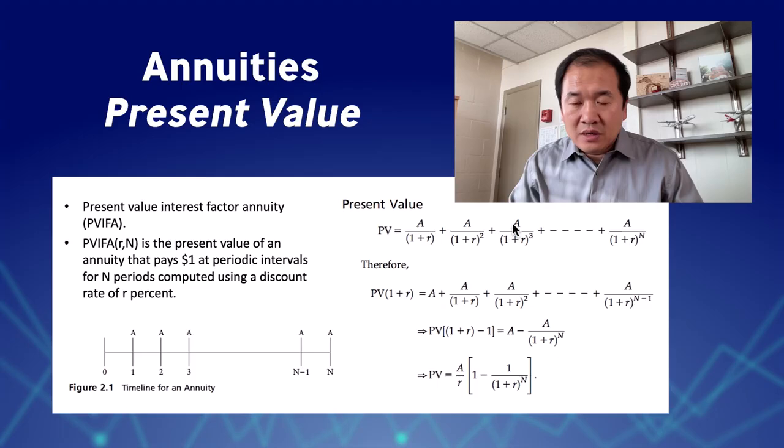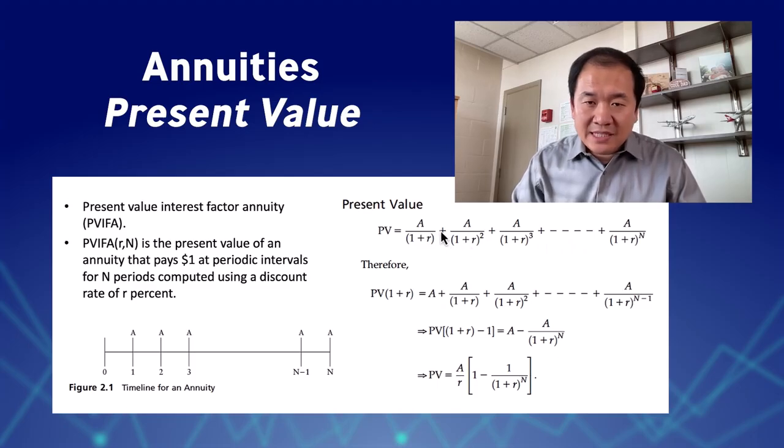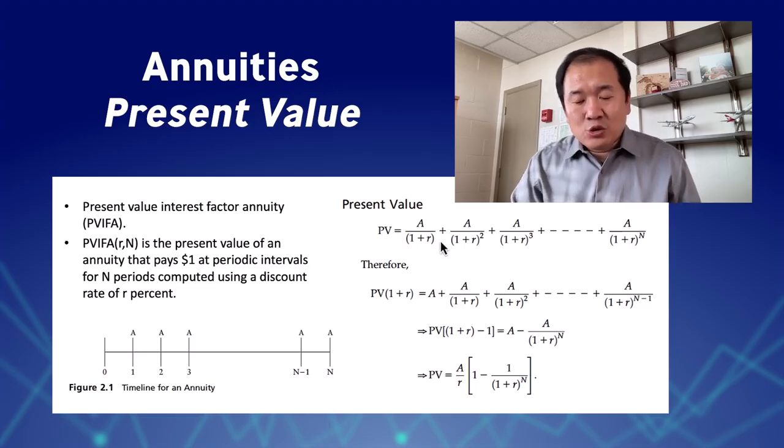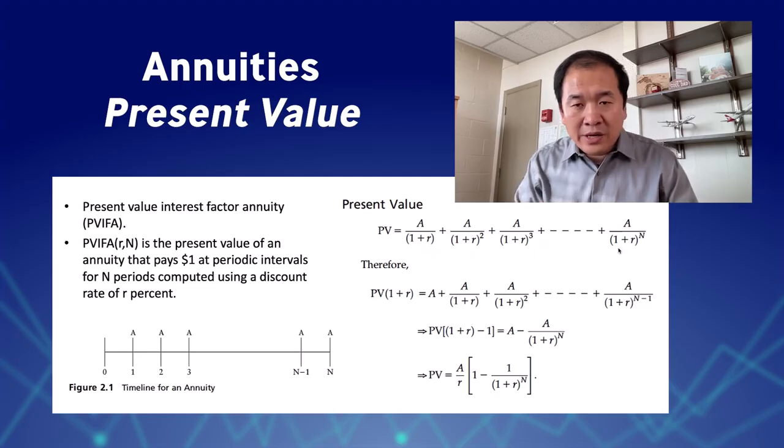Then you convert the third, the fourth, and all the way to the nth payment to present value, and add them together. That will be the total of your present value. This can be an extremely long equation, for example in the case of a home mortgage. With a 30-year mortgage, you are going to make 360 payments in total.